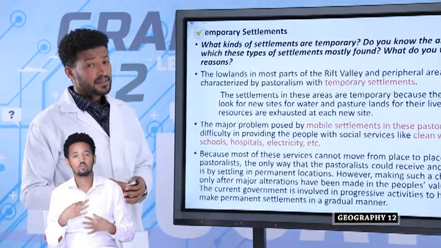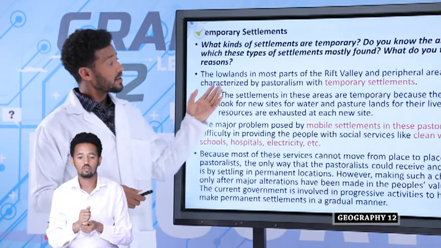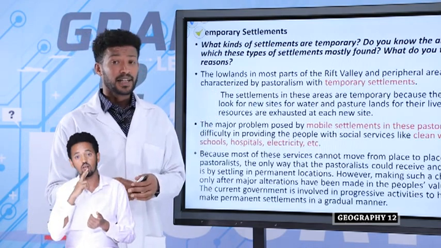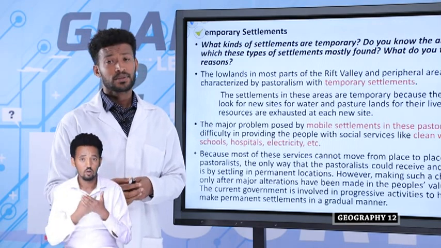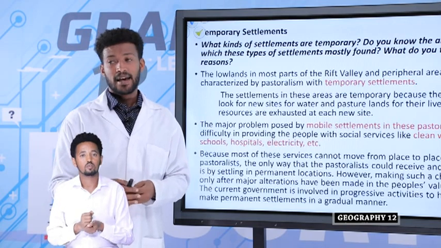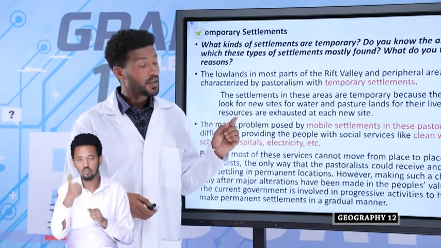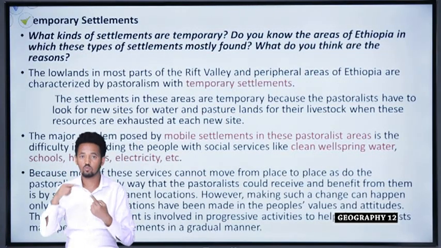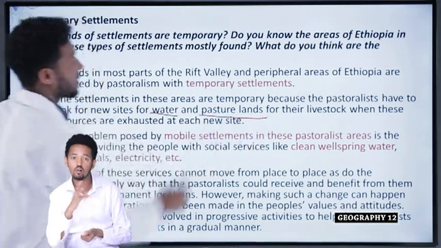But what kind of settlements are called temporary? The lowlands in most of the Rift Valley and the peripheral areas of Ethiopia are characterized by this temporary settlement. But what makes them live in temporary settlements? There needs to be a reason. The settlements in these areas are temporary because the pastoralists have to look for new sites for water and pasture lands for their livestock.